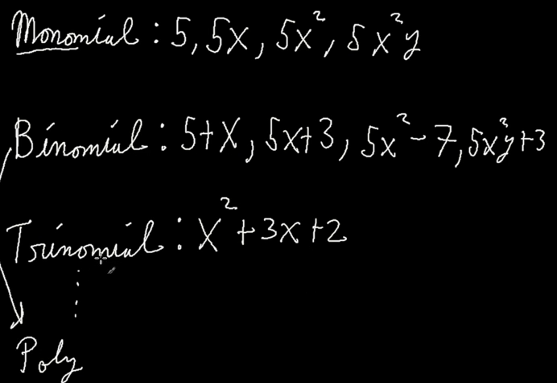Sometimes I'll refer to trinomials as trinomials, but more often I will say monomial, binomial, polynomial, okay? I'm not going to test you on the language. I just want you to understand the language that I'm using. So again, we might have x cubed plus 2x plus 3, okay? That's still a trinomial, even though this has a higher order, okay?